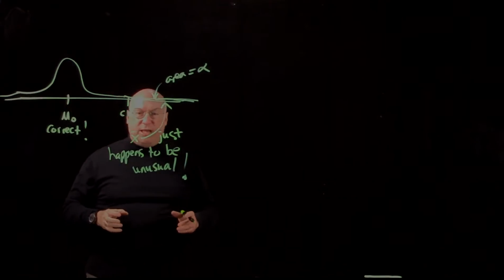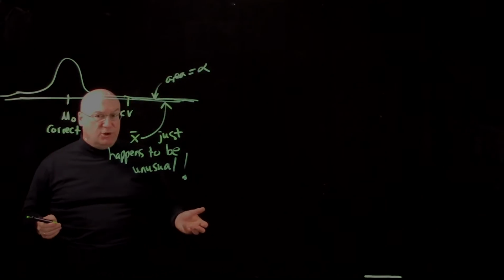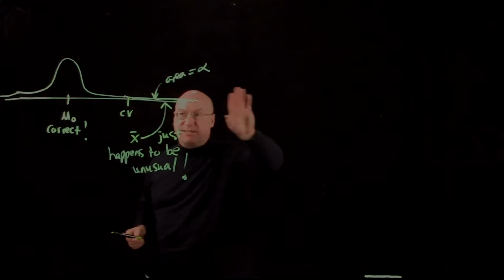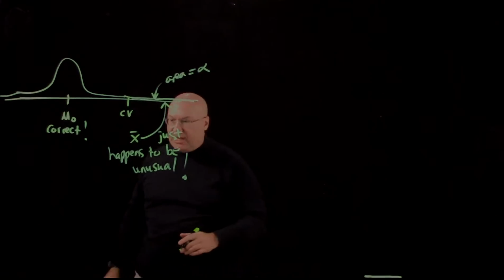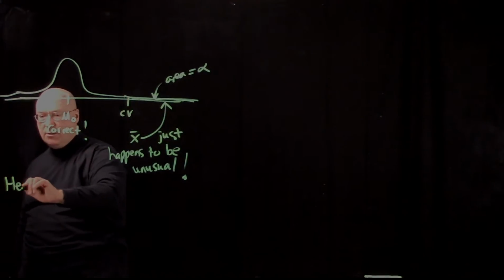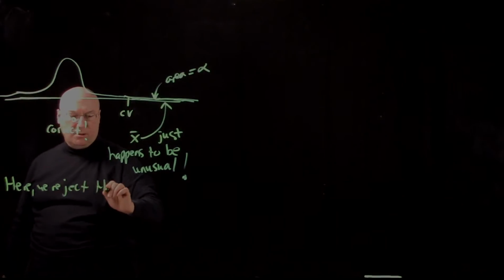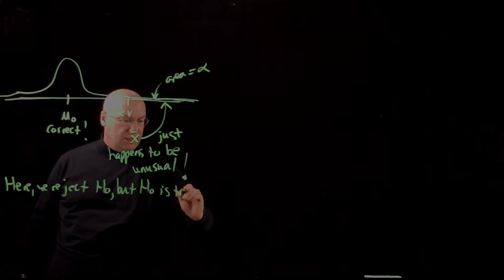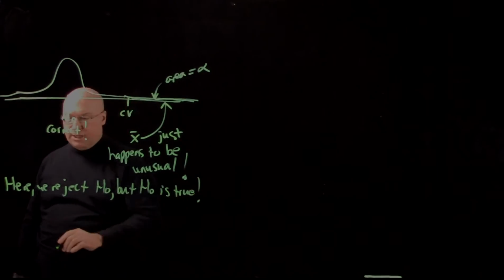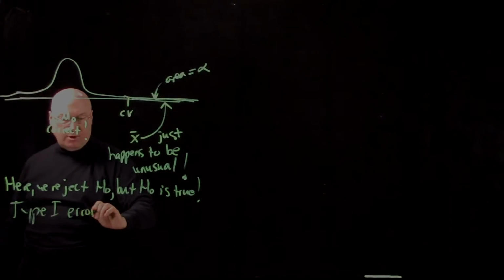But then we take our sample mean from our sample, and it just happens to be an unusual value for the sample mean, and that slides us way out there past the critical value. So here we are rejecting H naught. But H naught is actually still true. This is a type 1 error.